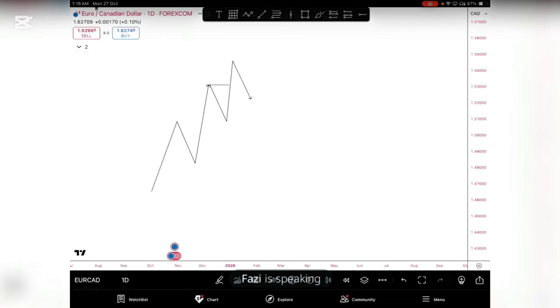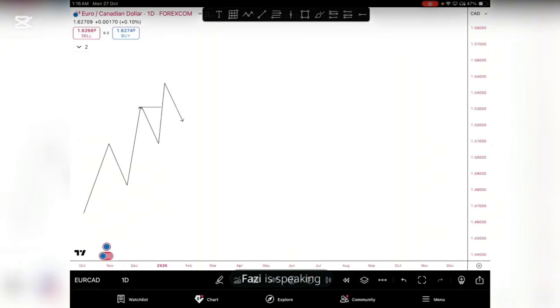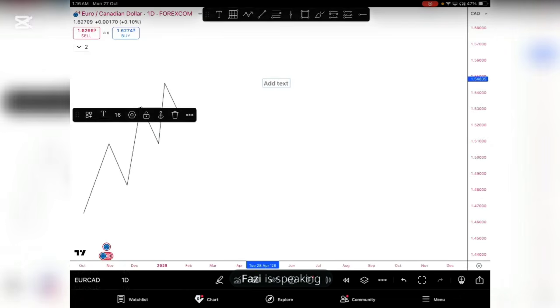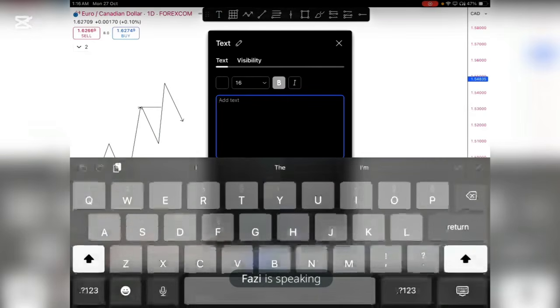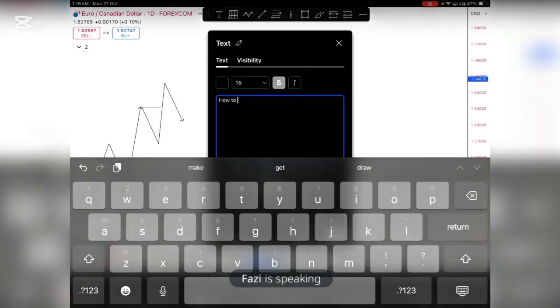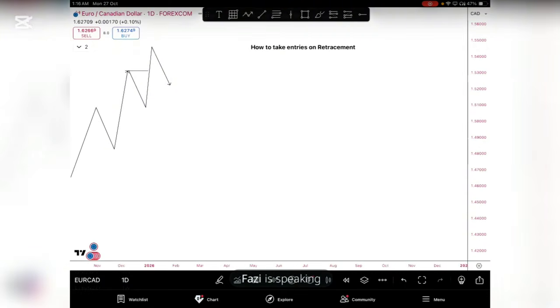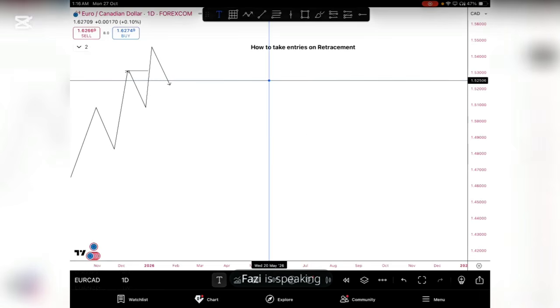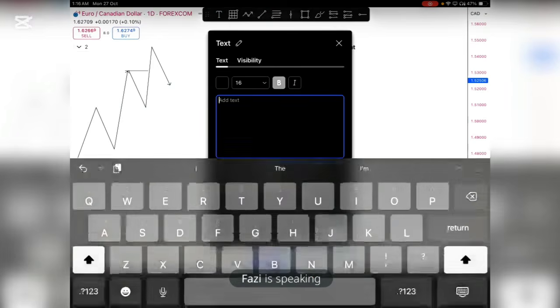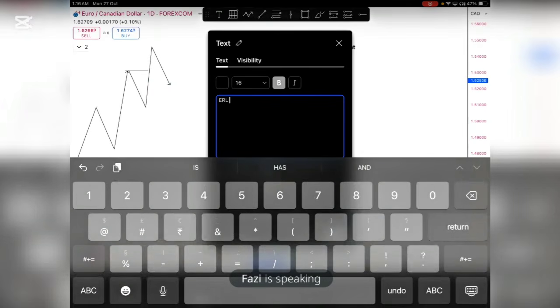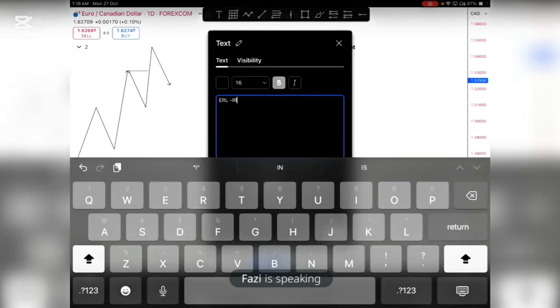This is the topic we need to look at here. I told you that this type of move goes from external range liquidity to internal range liquidity, so ERL to IRL. Here you need to understand how to choose the entries.